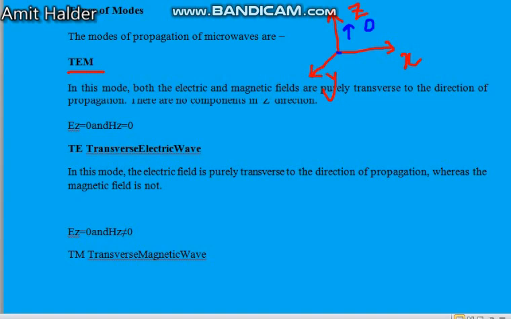If Ez and Hz are 0, then it is known as a transverse electromagnetic field. What is a transverse electromagnetic field? The field goes only through the x and y directions, not through the z direction, and is known as TEM, transverse electromagnetic field.